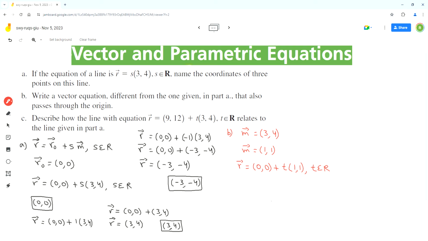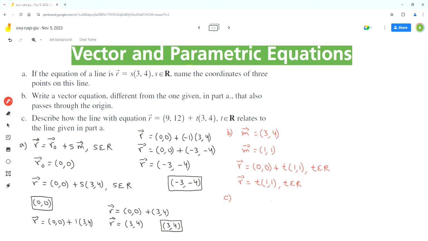So we used the position vector 0, 0 because the line passes through the origin. In the final answer, we can ignore the 0 vector. So this can be the final answer for part B. Now we can analyze part C.